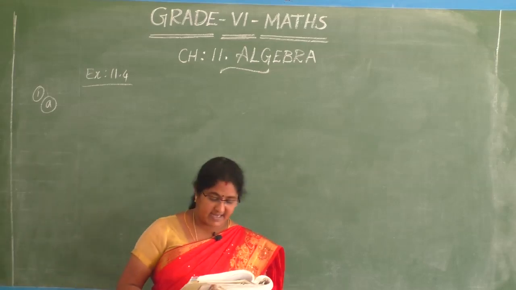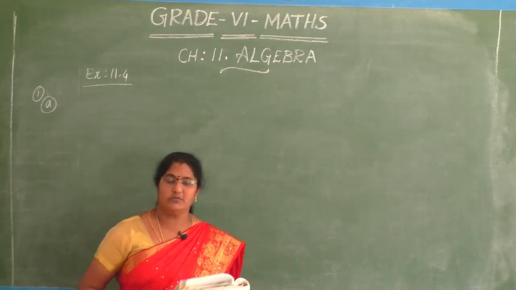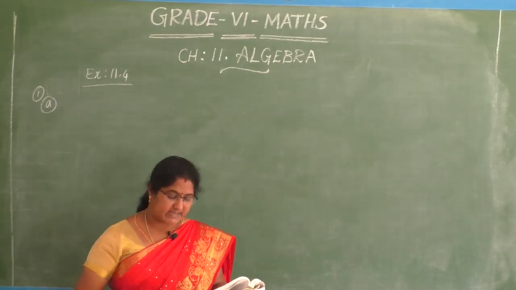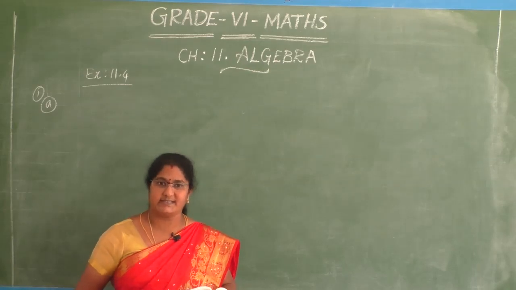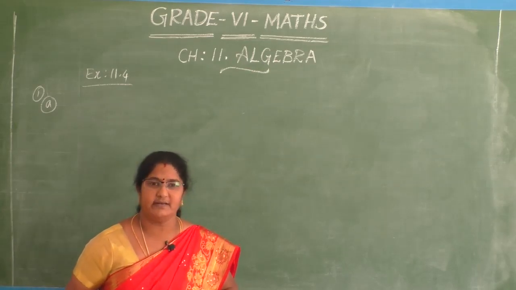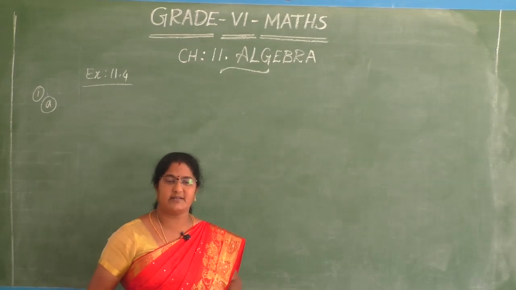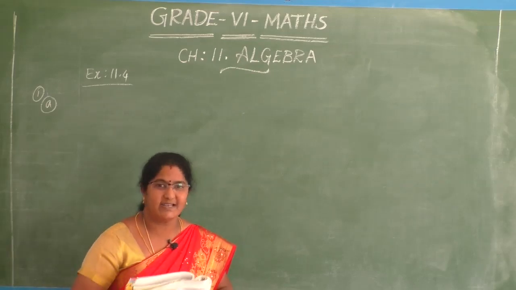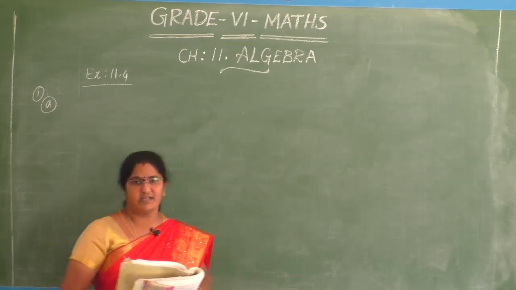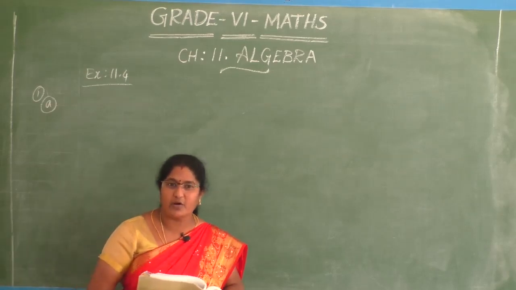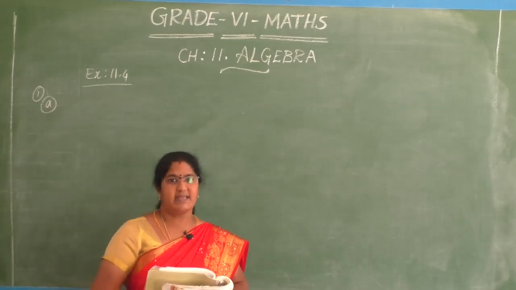So here the only clue they have given is Sarita's present age is y years. Till now we are doing calculations about years using numbers, but here they have given a variable. Using this variable we have to find out the remaining people's ages.